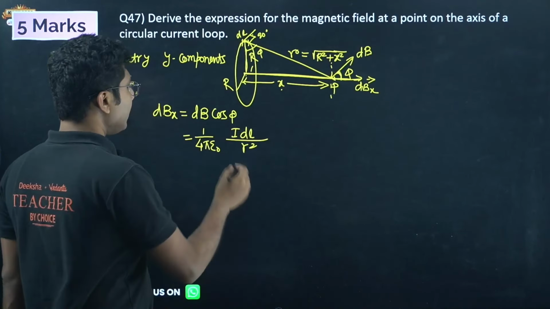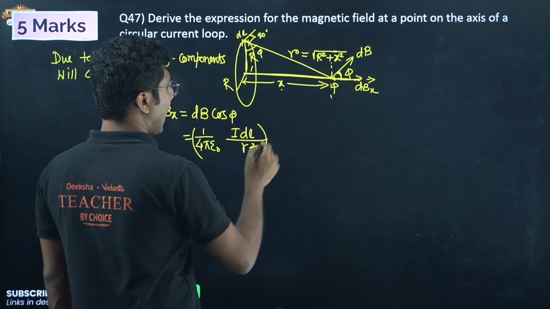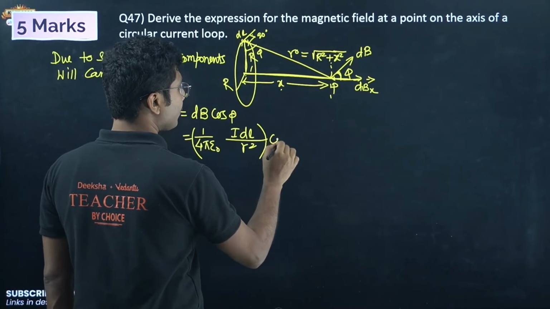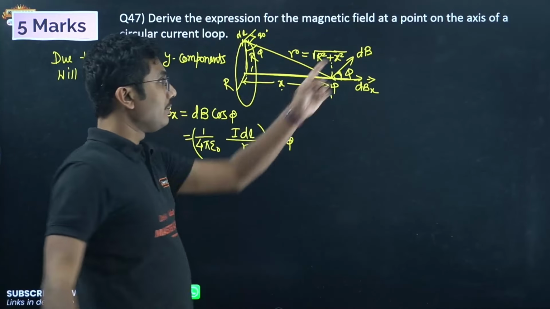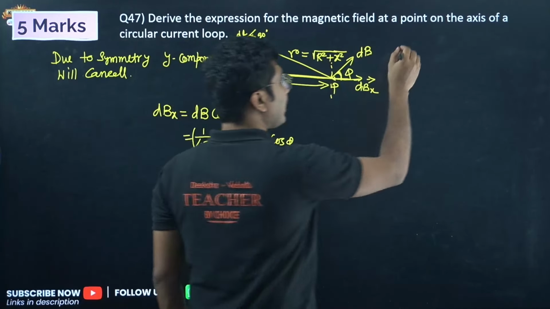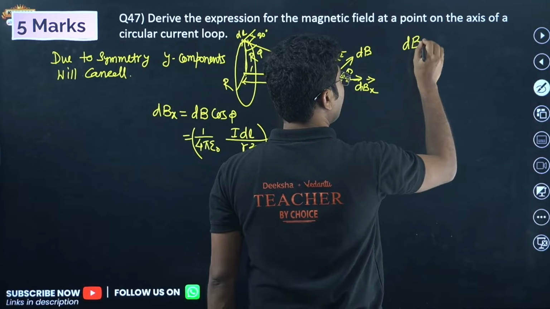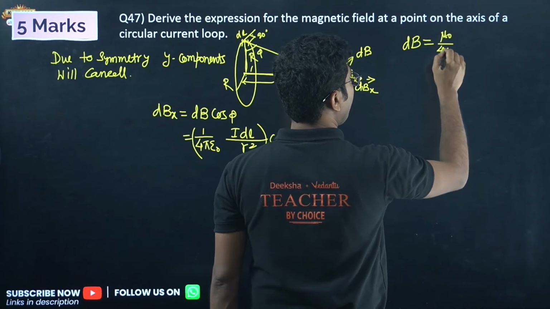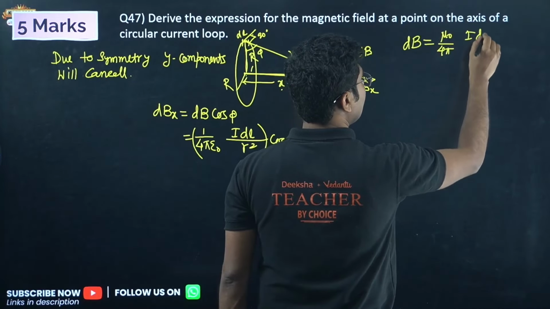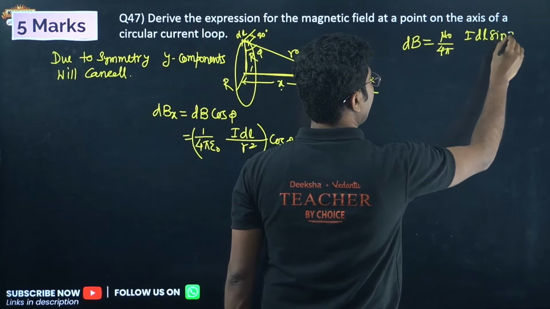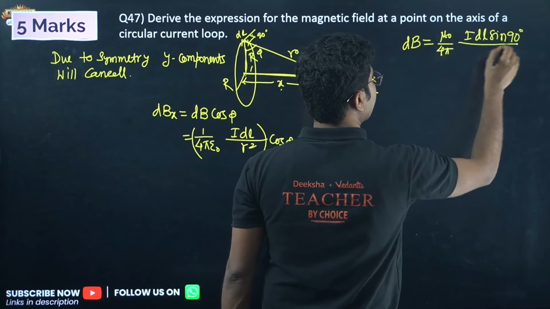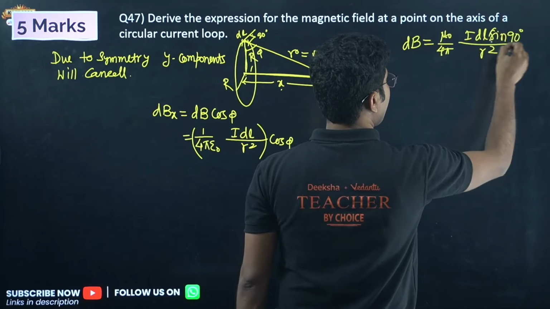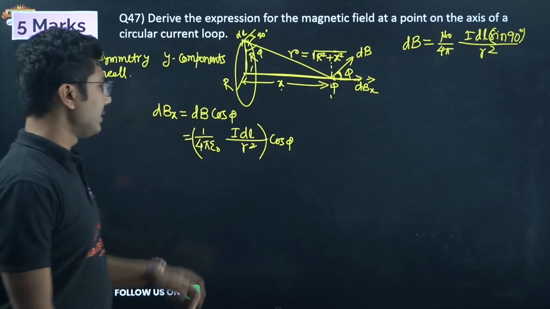And dBx has a cos phi involved. If you want, you can write dB over here: mu naught by 4 pi, I dl sin 90 by r squared. Sin 90 is 1, so we have omitted it.